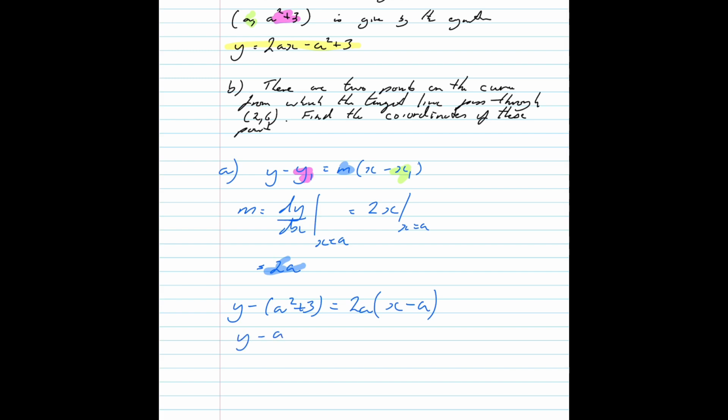Let's take the minus sign through the bracket there, multiply the 2a through the bracket on the right, and then we'll take everything that's not y on the left over to the right.